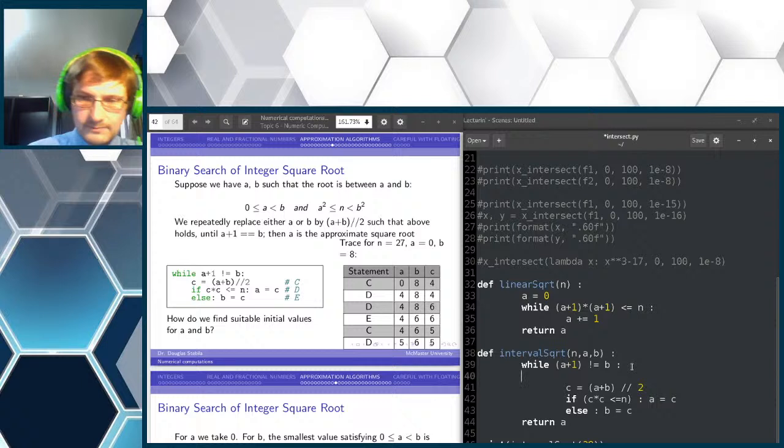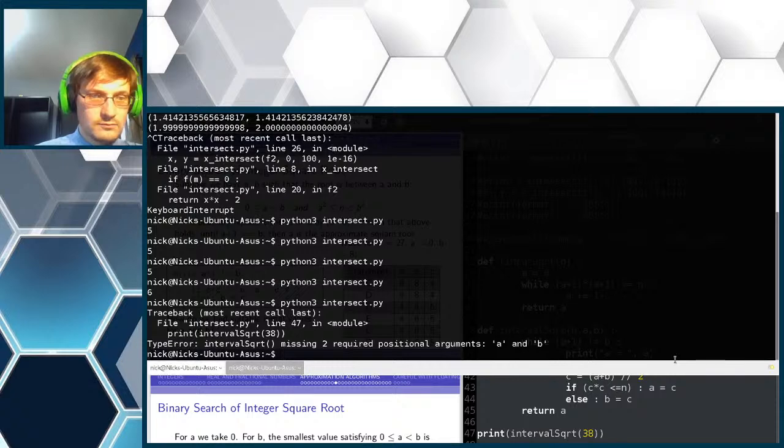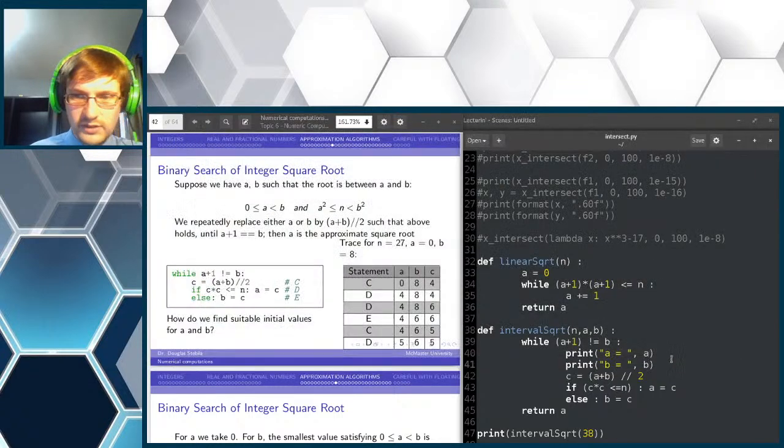We can even put some print functions in this to make it a little more clear as to what's going on. Type error. Missing 2 required positional arguments.